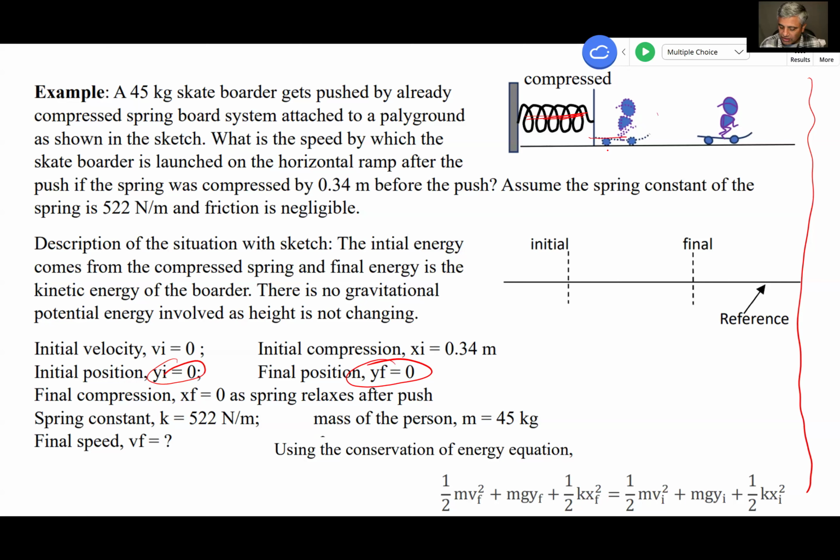And once it pushes the skateboard, what happens? It gets relaxed. So xi is non-zero, but xf is zero in this case. That's kind of opposite. Over there, the spring was compressed at the end, but here at the end, the spring is relaxed because it starts from the compressed position. So the compressed spring is pushing the skateboard.